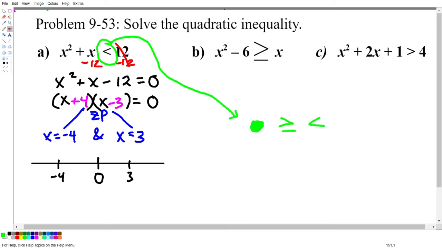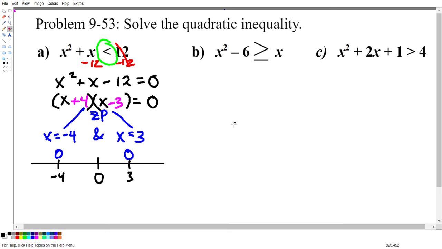My second option is going to be an open dot, and that only works, like in this case, letter A, if it's greater than or less than. Only these symbols. Since we do not see an equal to sign, that means it's not going to be filled in. It's going to be open. It does not include the number. So for this case, it's going to be an open dot, so I'm going to put an open dot for those boundary points.